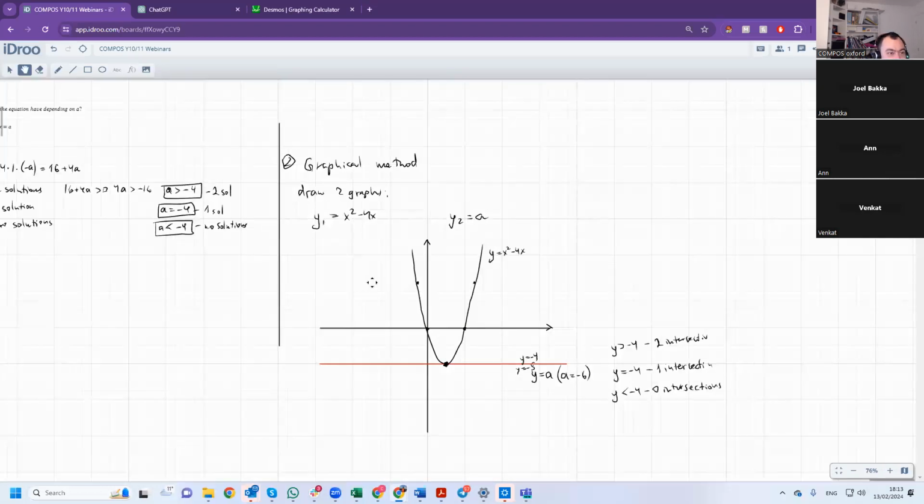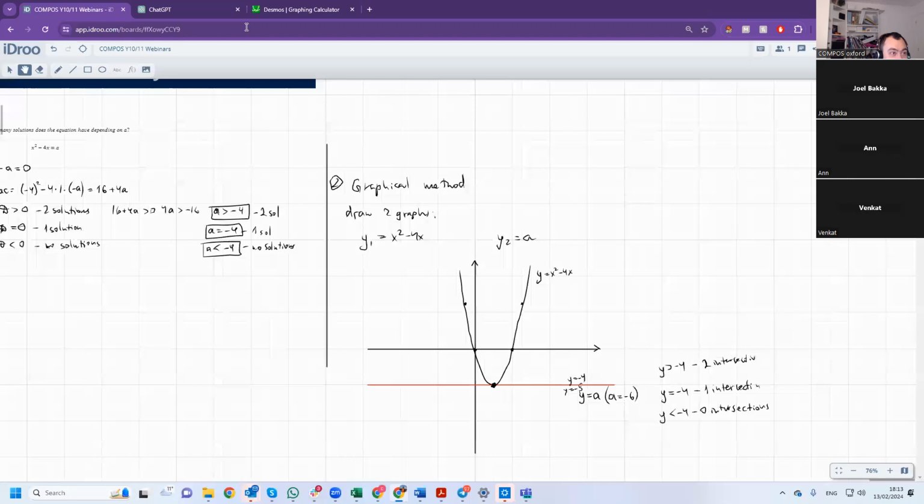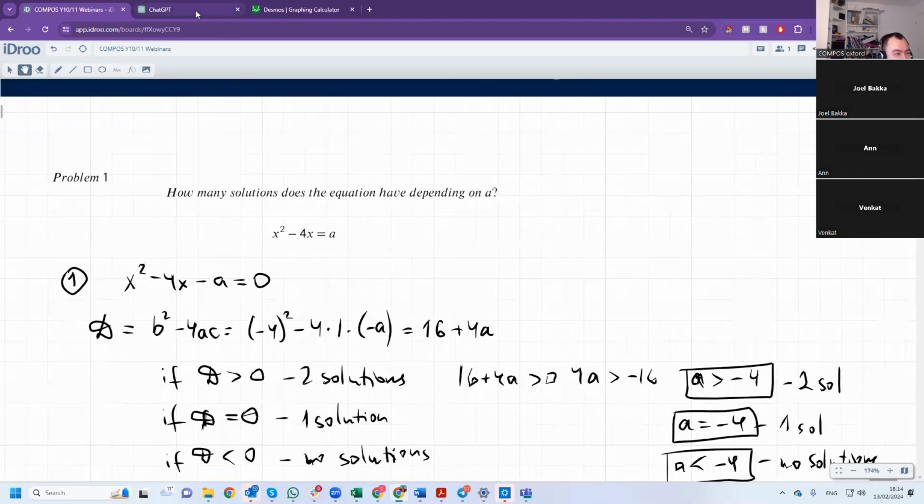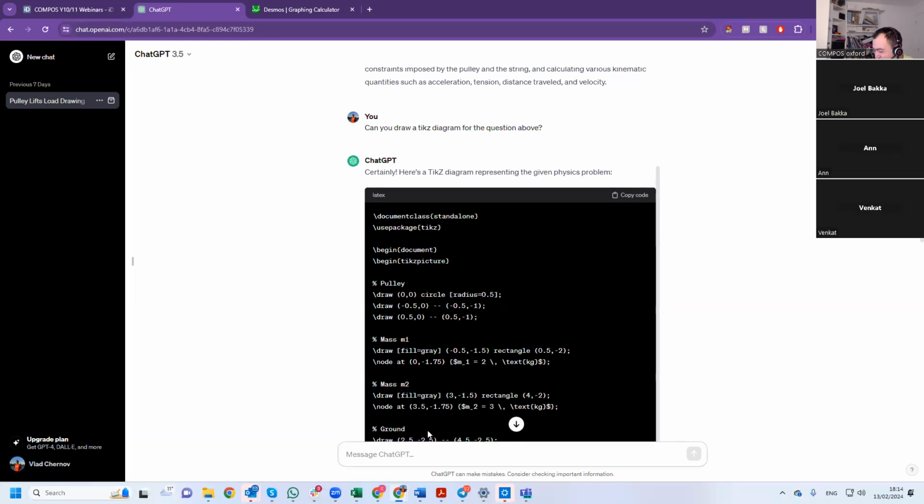Anyways, I can do the same thing here. I wonder, it would be quite interesting. Sorry, going off topic. What if I ask ChatGPT, how many solutions does the equation x squared minus 4x equals a have depending on a?